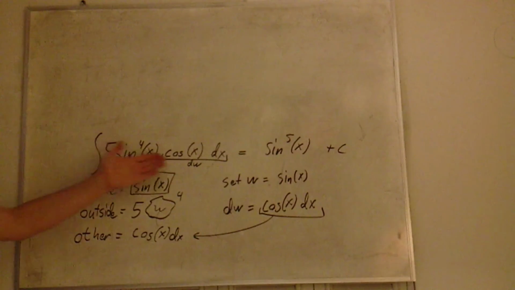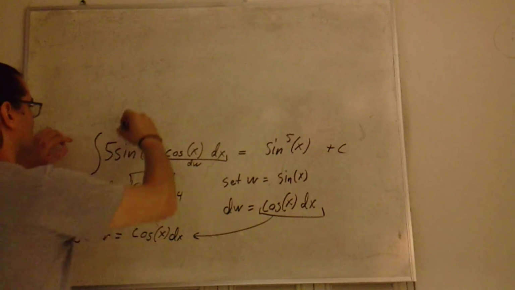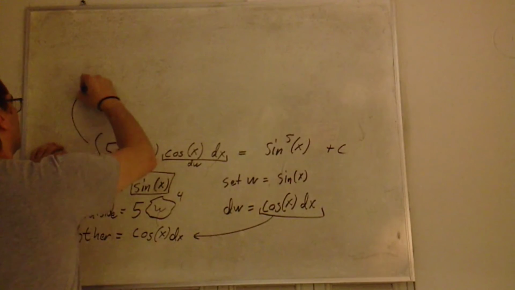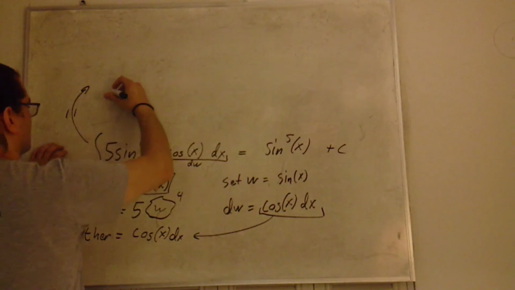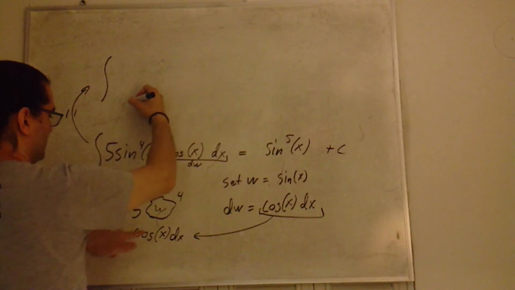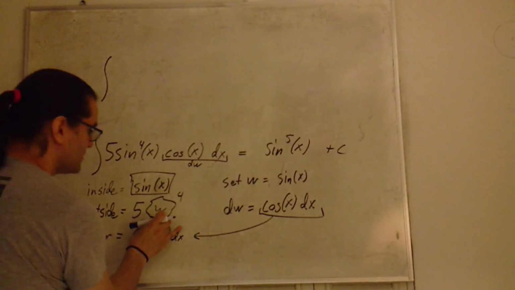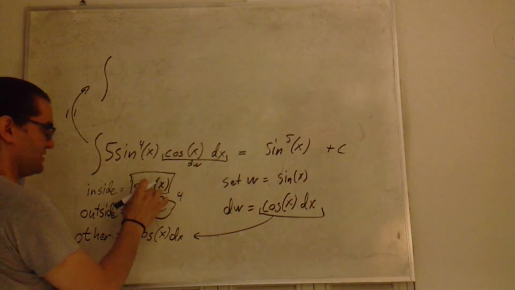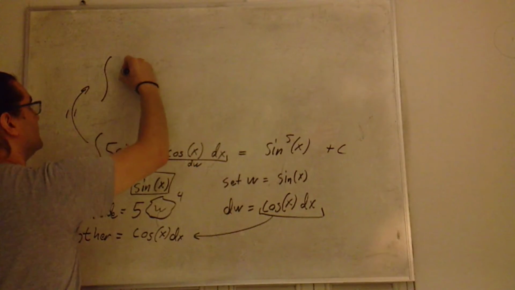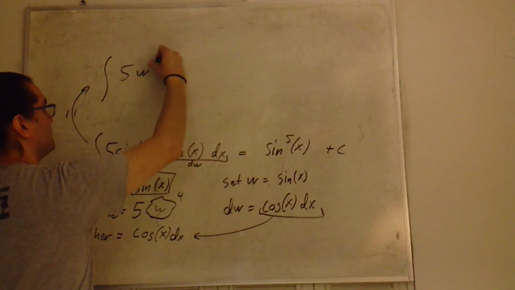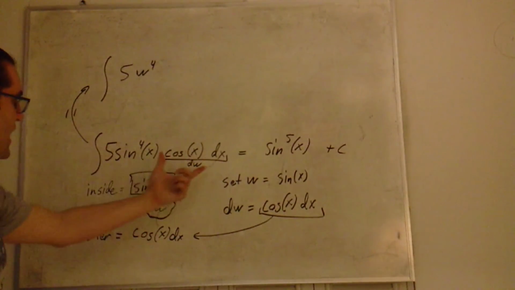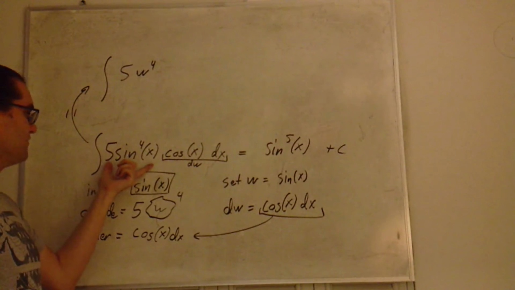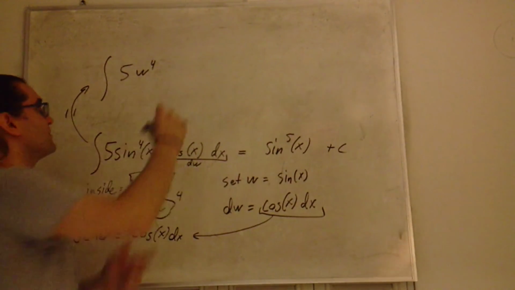But once you have this connection set up, you can rewrite this as the integral. The outside function doesn't change, but I'm replacing this bit with w. So the integral of 5w to the 4th, and this whole thing is dw.